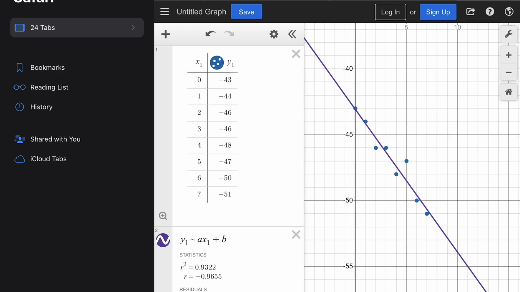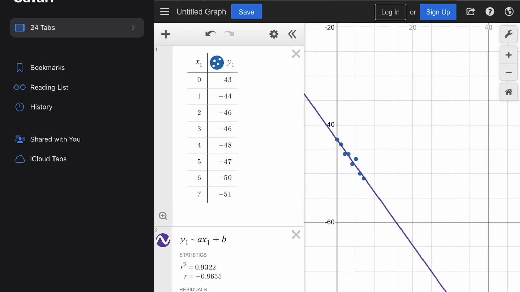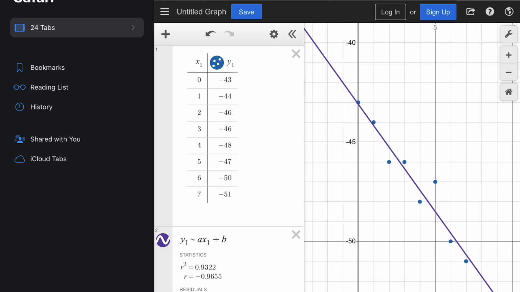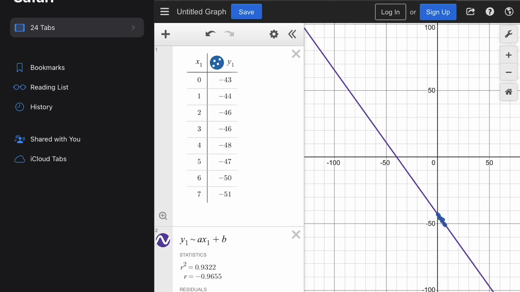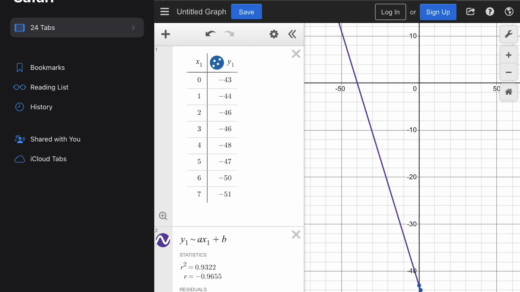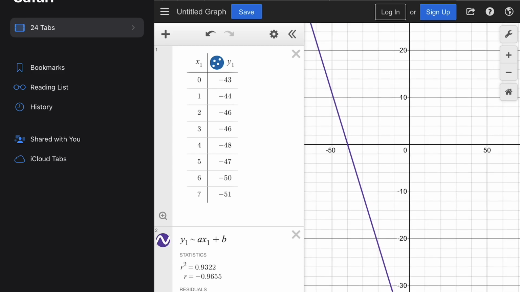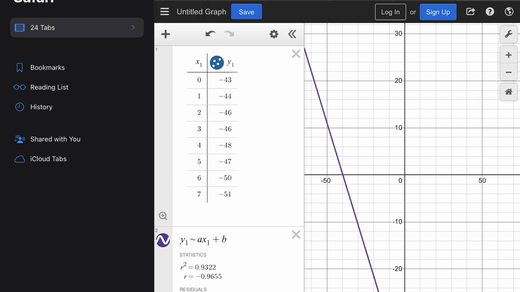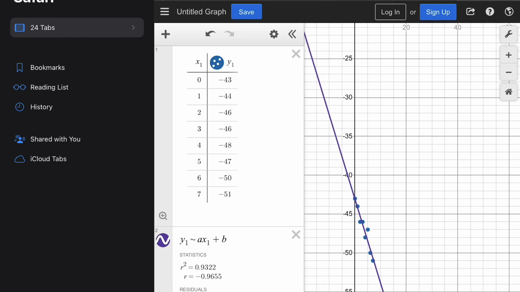Does it intercept at 10? No. Yeah, I don't know. Right now, this is confusing. Oh yeah, it's down here, that's why. Okay.